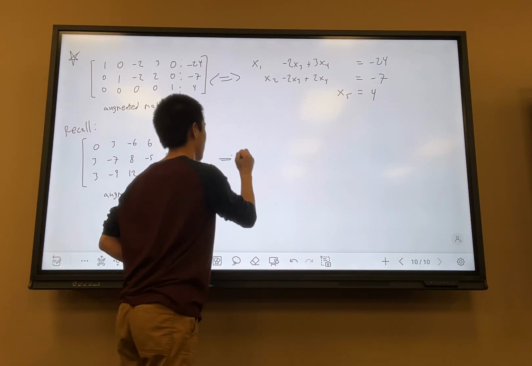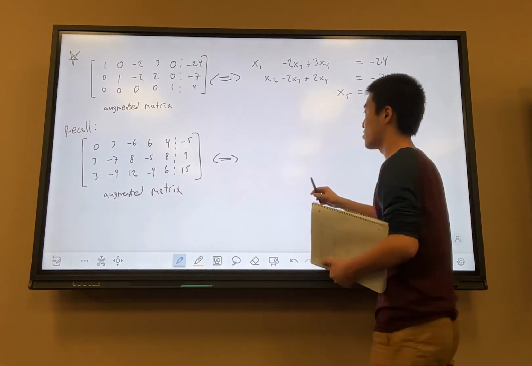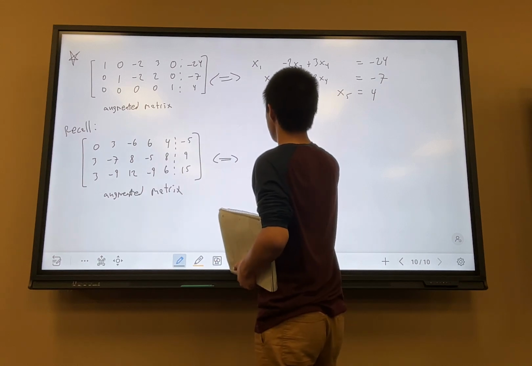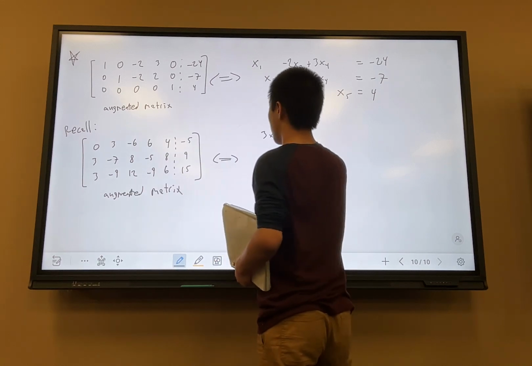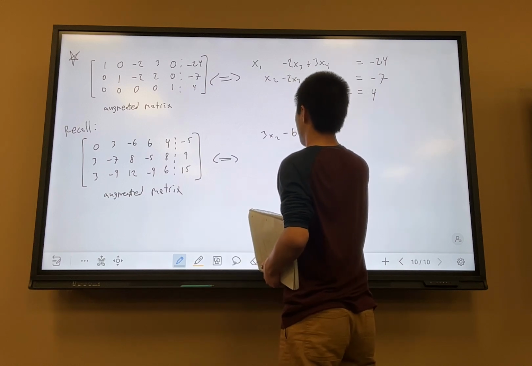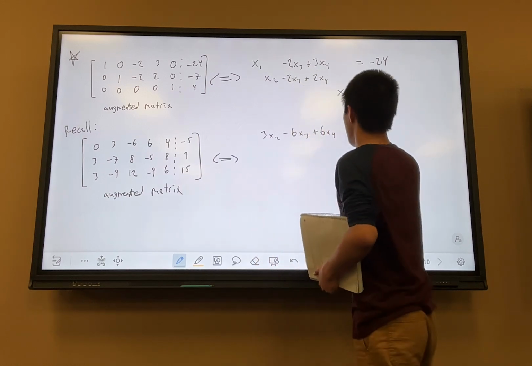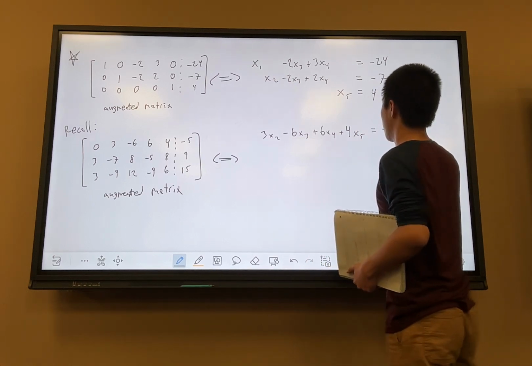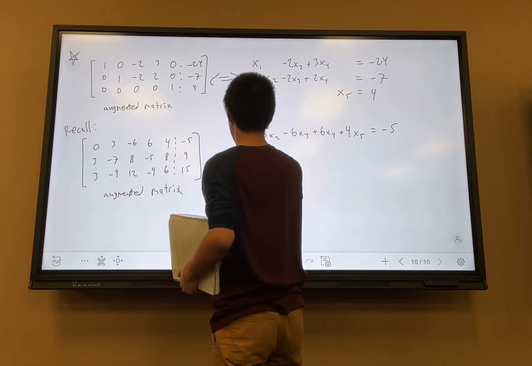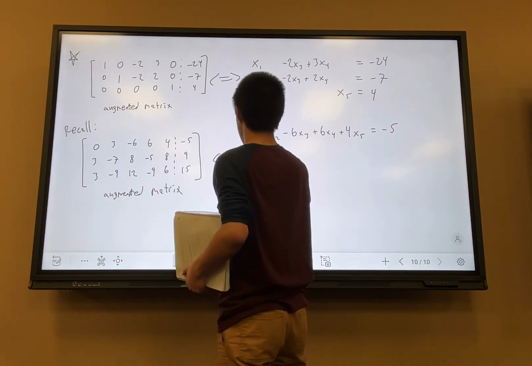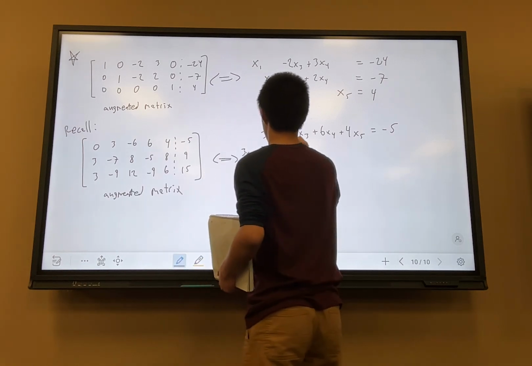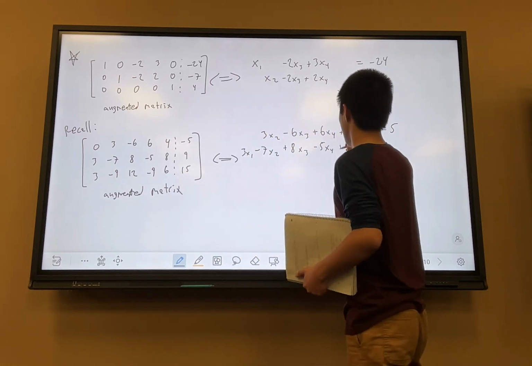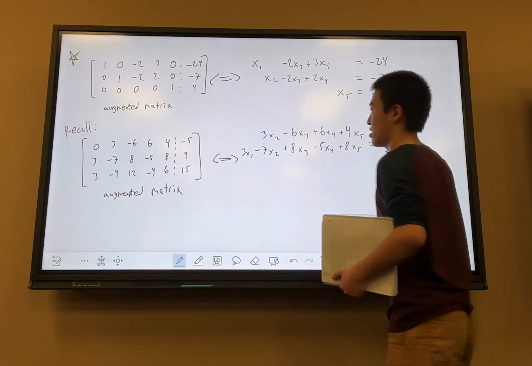Which would have been otherwise equivalent to the system 0x1 plus 3x2 minus 6x3 plus 6x4 plus 4x5 is equal to minus 5. And then the next equation would have been 3x1 minus 7x2 plus 8x3 minus 5x4 plus 8x5 is equal to 9.